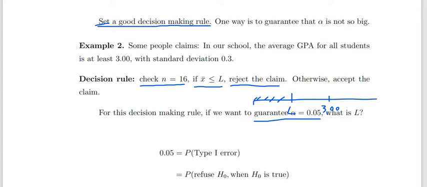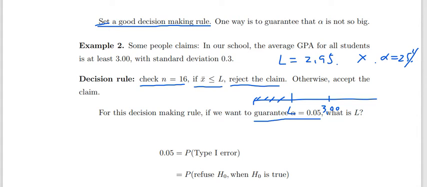From the previous example, if L equals 2.95, this is not so good, right? Because alpha is about 25%. This number is too big, too close to 3.00.